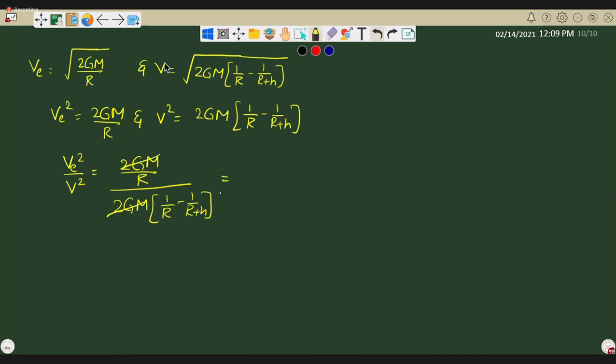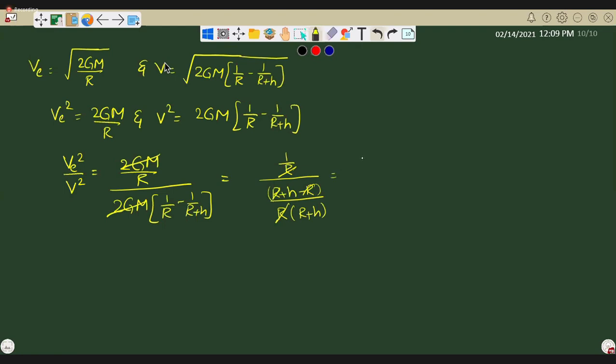Here take your LCM. So you have 1 by R minus 1 by R plus H. Take your LCM. It will be R plus H minus R divided by R into R plus H, isn't it? Yes.